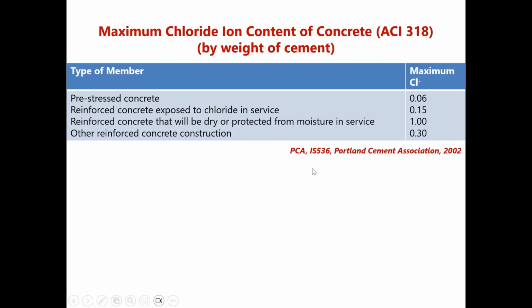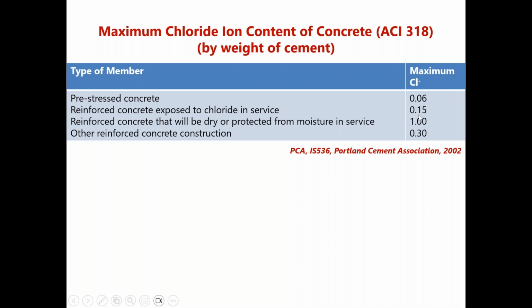And the PCA a number of years ago put out this in ACI 318, right? By weight of cement, they've listed the maximum amount of chloride that's acceptable for certain types of concrete. Now, notice, look at numbers 2 and 3 listed on here. So we have reinforced concrete exposed to chloride.